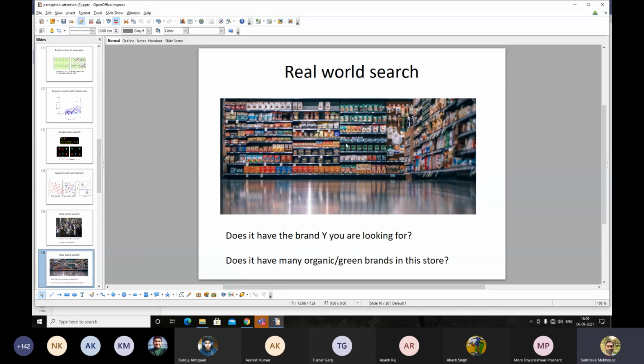This is going to be a more selective search mechanism, where you know what brand Y looks like, and you are directly able to not attend to a whole lot of the store. However, if you ask this question, does it have many organic brands in the store? That's a tricky one, because that will require us to run through the whole store. So you can't really use a very focused search algorithm for this.